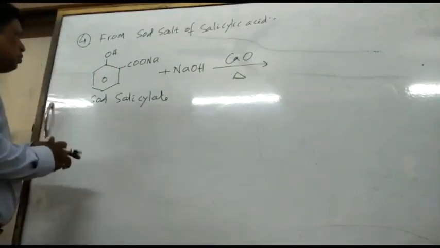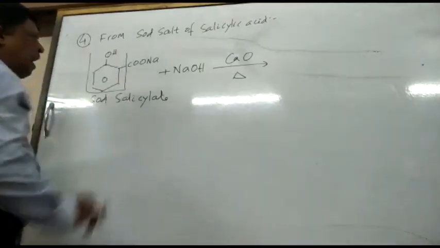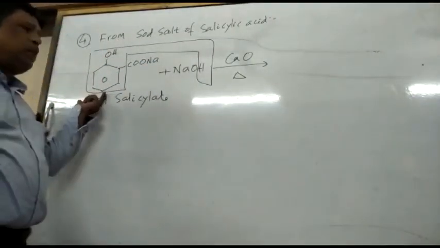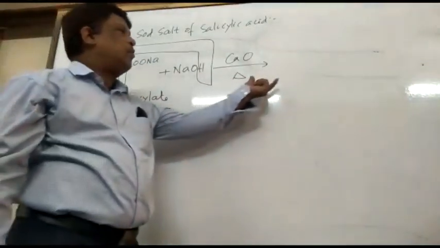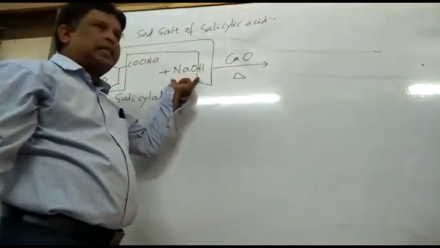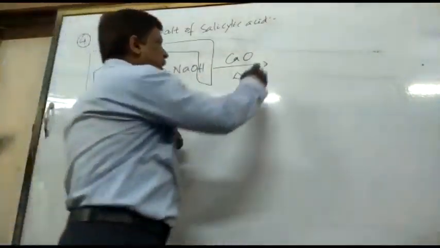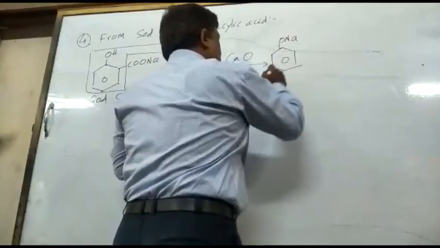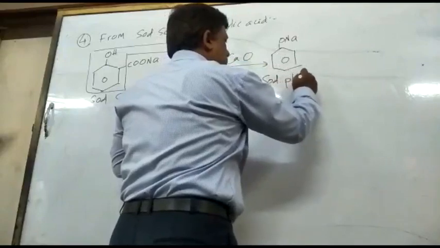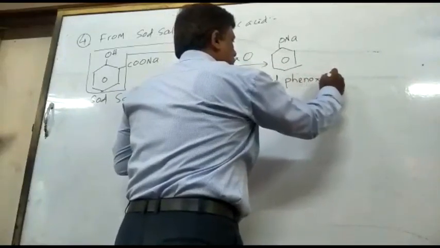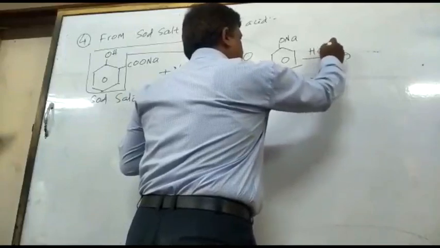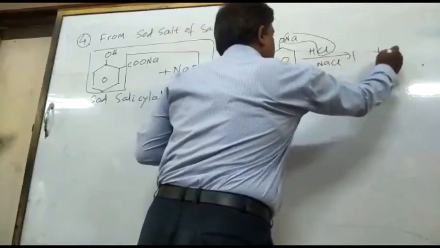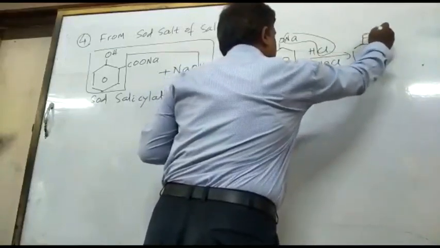Actually, phenol is formed, but as this reaction is carried out in a container or test tube, alkali is there. That phenol again combines with alkali to form sodium phenoxide. Sodium phenoxide undergoes acidification in presence of dilute acid, that is, removal of sodium chloride to form phenol.